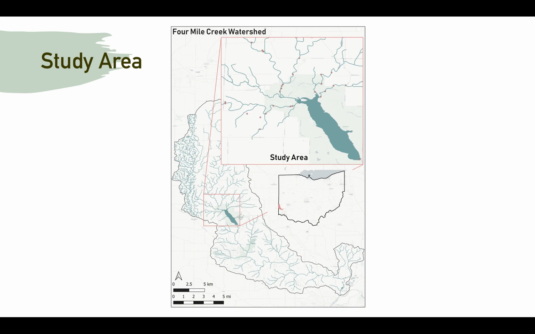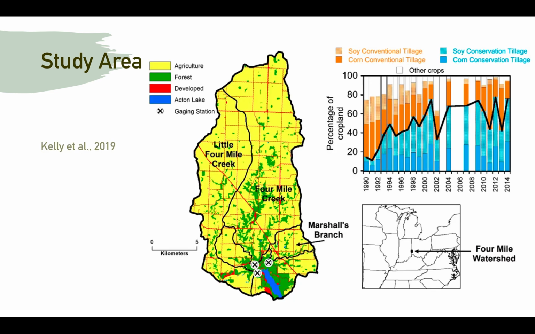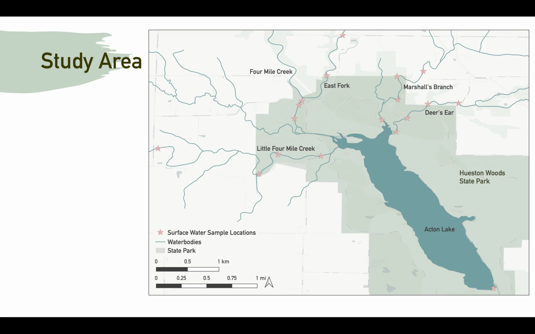As already briefly mentioned, the study area is located in and around Houston Woods State Park in the southwest of Ohio. Most of the watershed is used for agricultural practices, and Houston Woods is the first large forested area the streams flow through. I collect surface water at these 19 locations, which are spanned across 4 streams and include 1 lake sample.